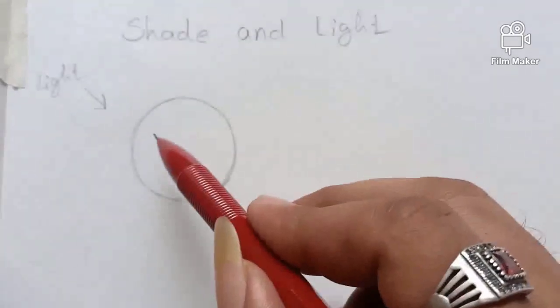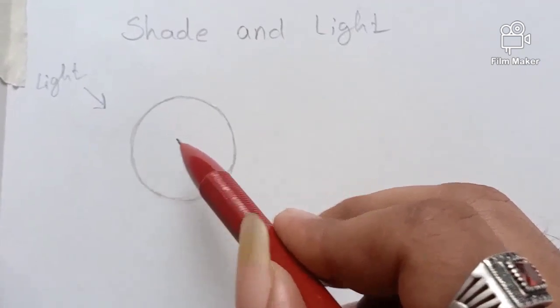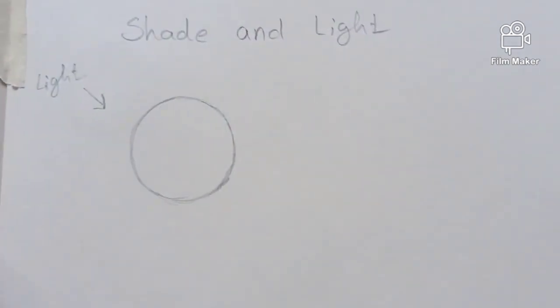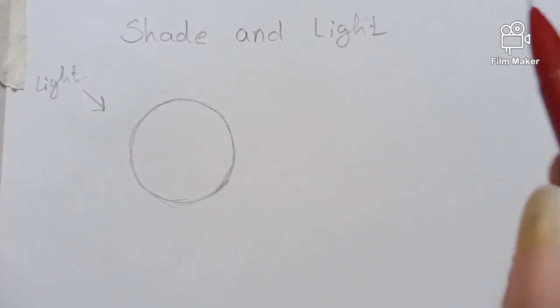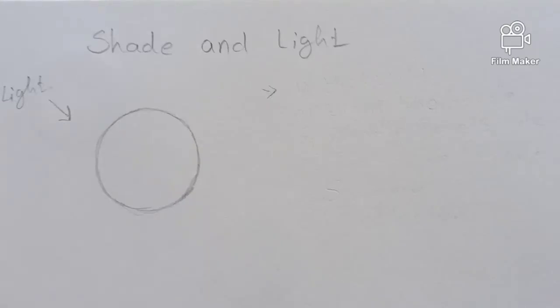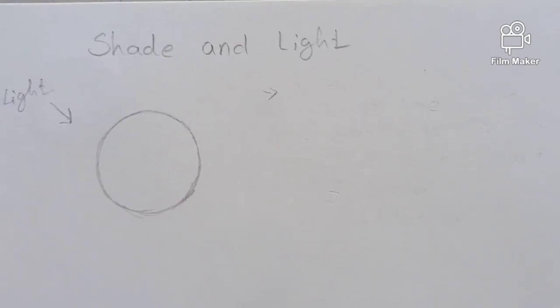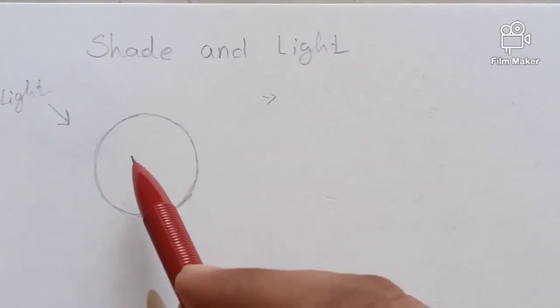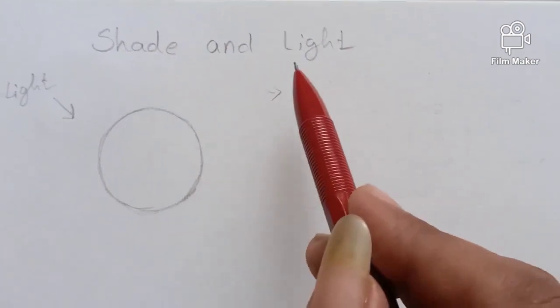So how many things do we need to include in shade and light? There are 6 things to include while showing the shade and light.